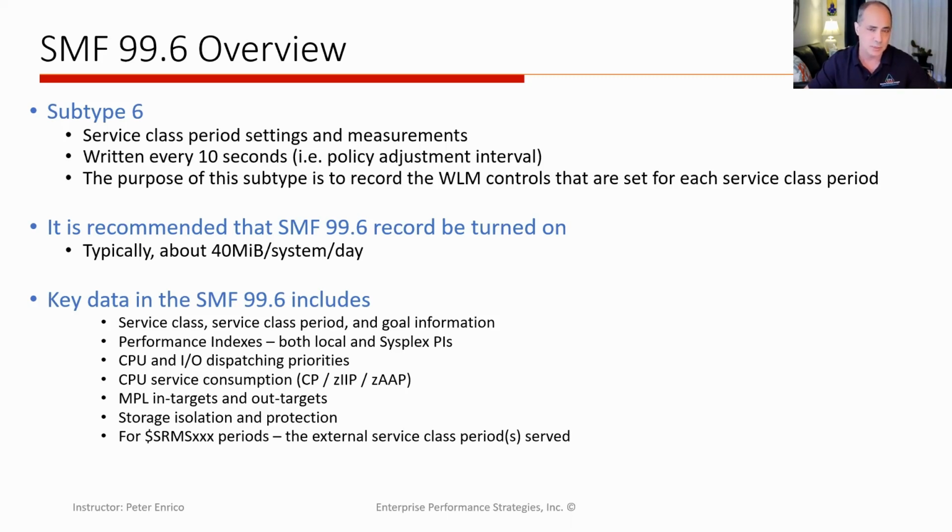And those service class periods that WLM dynamically creates, and actually takes address spaces out of where you've assigned them and puts them into some place that WLM wants to put them, those are what we call the $SRM address service class periods. And I'll show you an example. I think I have an example of that.